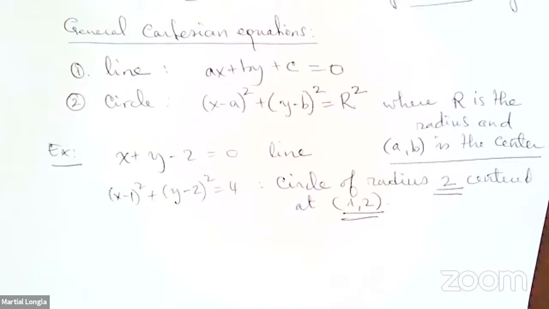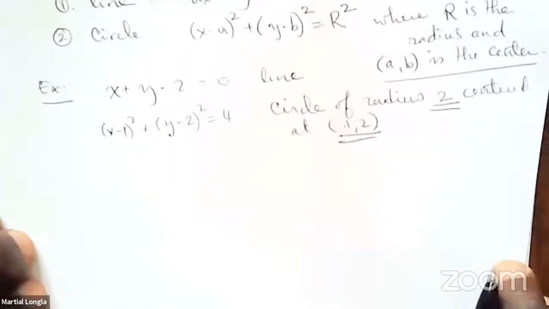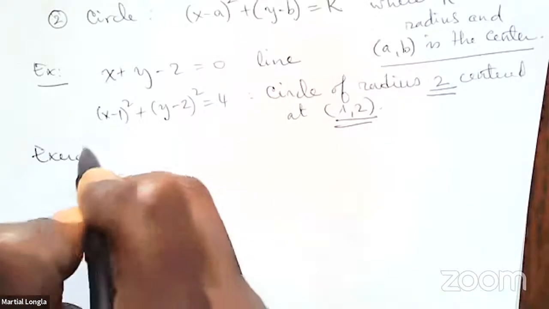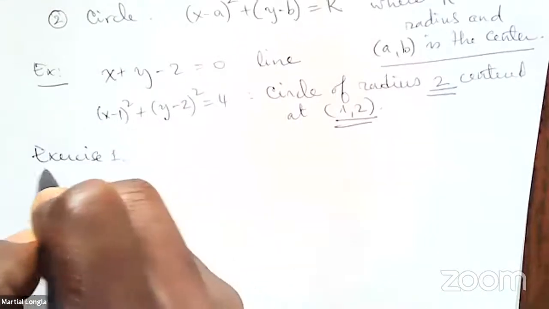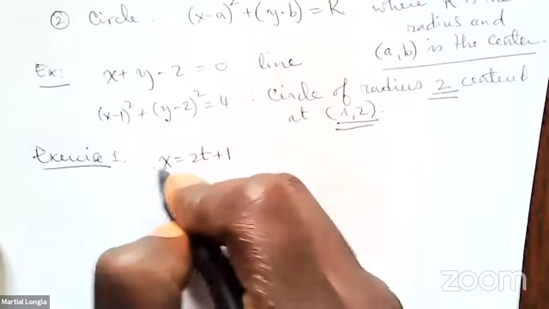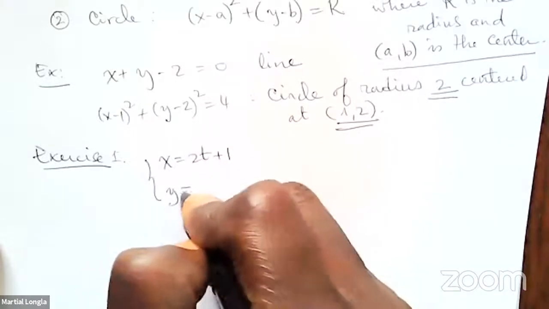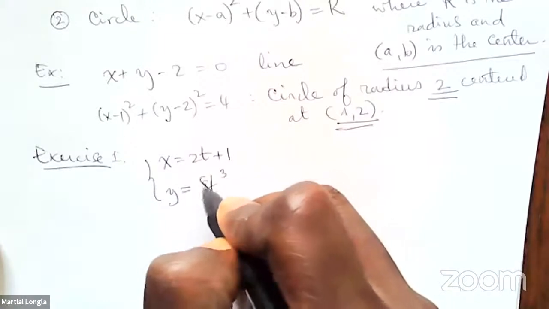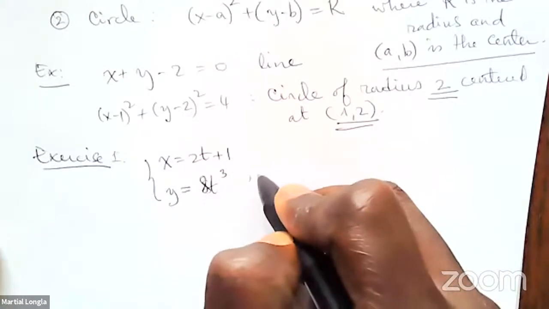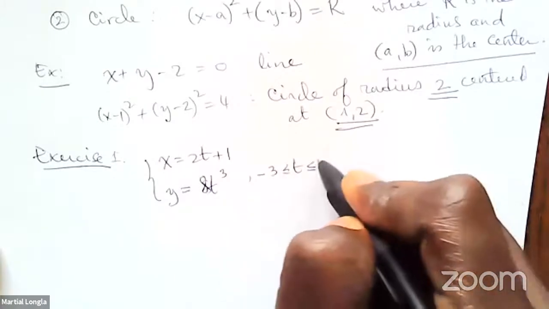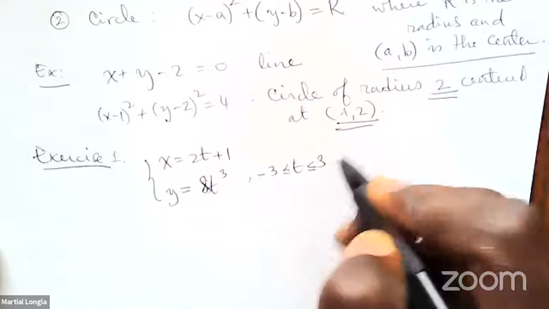All right, if you guys have no questions, let me ask you to do this example. Exercise. We have x equals 2t plus 1 and y equals 8t cubed, minus 3 less than or equal to t less than or equal to 3.